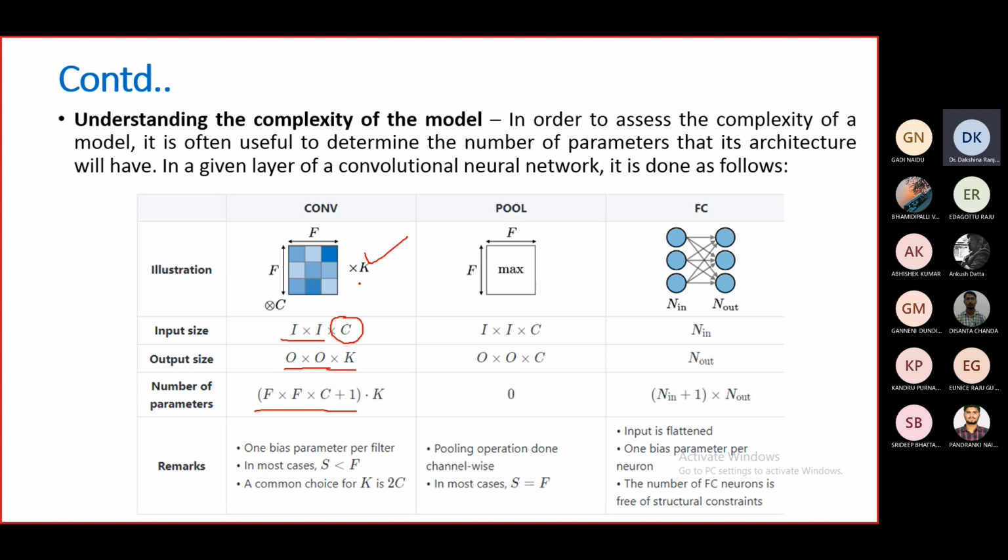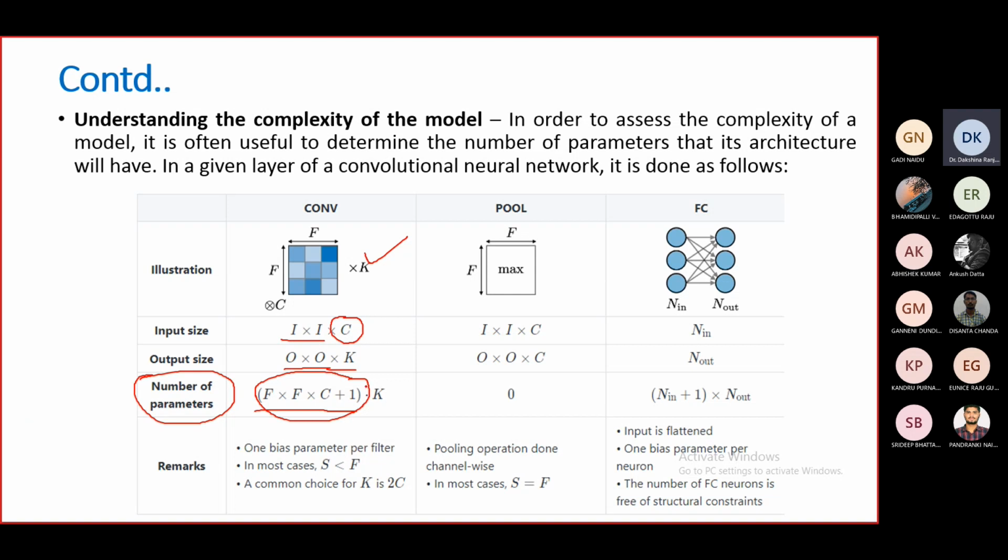Since we are using k filters for convolution, this is multiplied by k. So this is the total number of parameters that can be determined when we have the input size and output size like I into I into C, O into O into K.